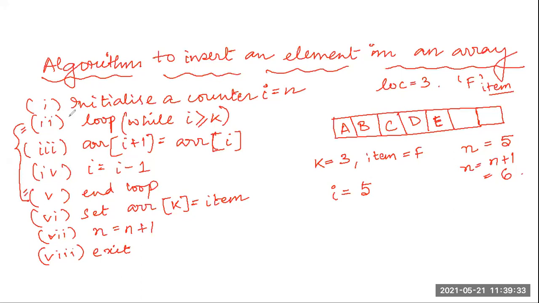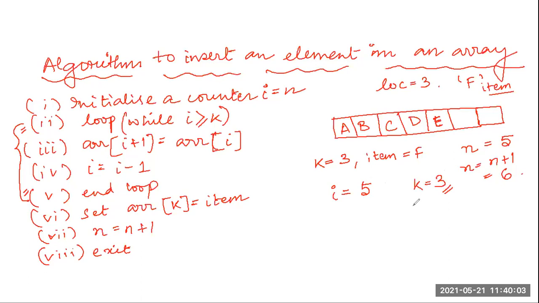So the steps 2, 3, 4 will go on till my value of I is lesser or equal to my value of K. Let us understand what my value of K is. My value of K is 3, that is the index position where I will enter the value.